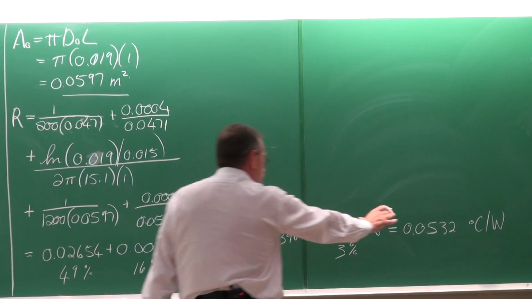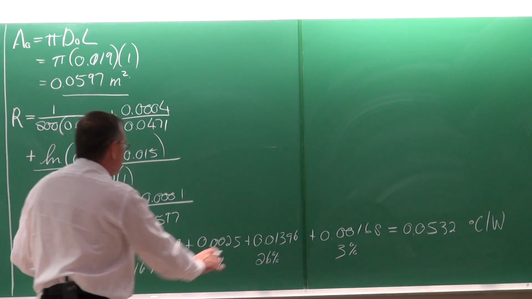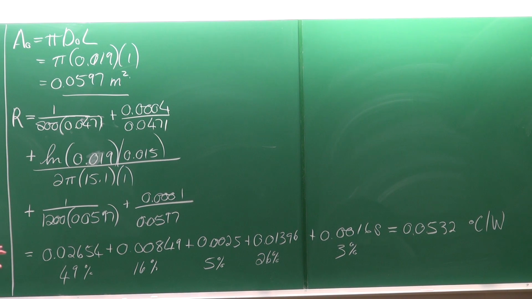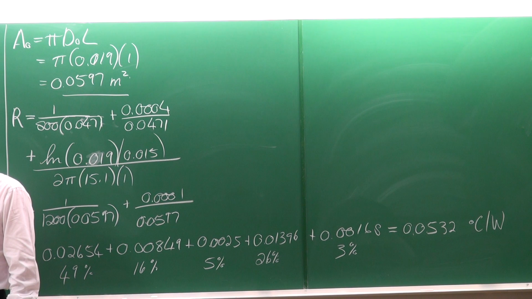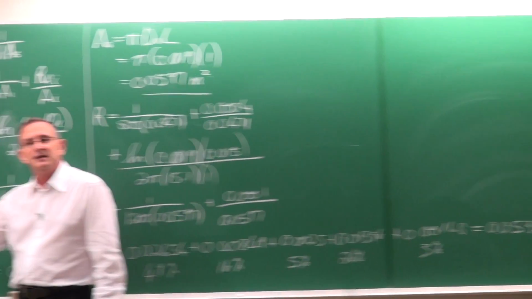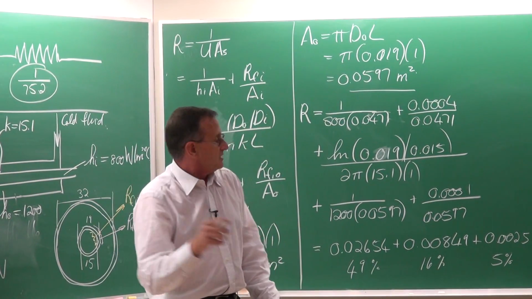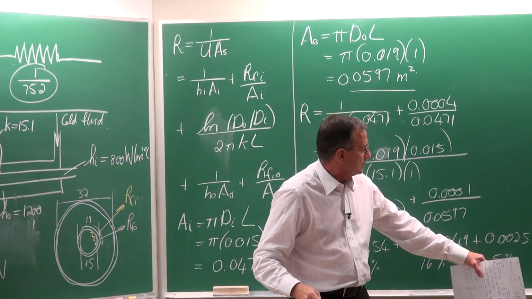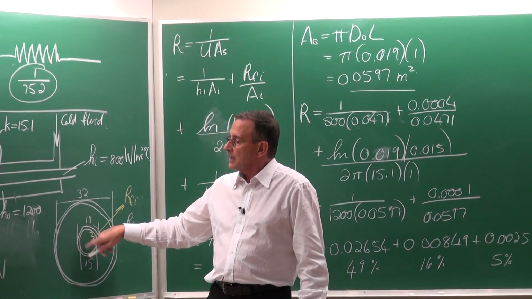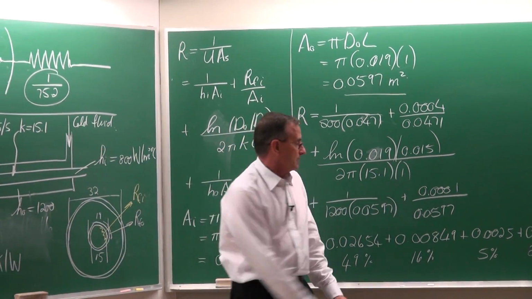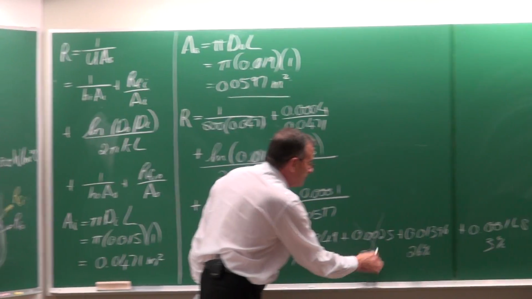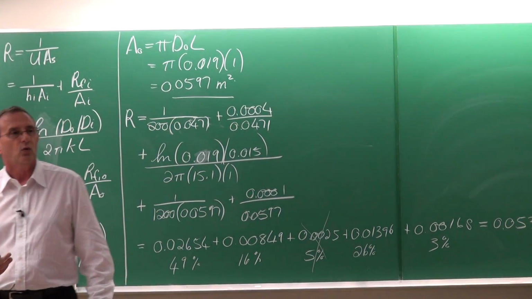Okay, but before we continue with that answer, let's just look at all these components. In this case, where we've got a tube, inner diameter 15 and outer diameter 19, that is a relatively thick tube. So you'll see that even if the tube is relatively thick, and this K value of stainless steel of 15, this contribution would be about 5%, so that is very small.